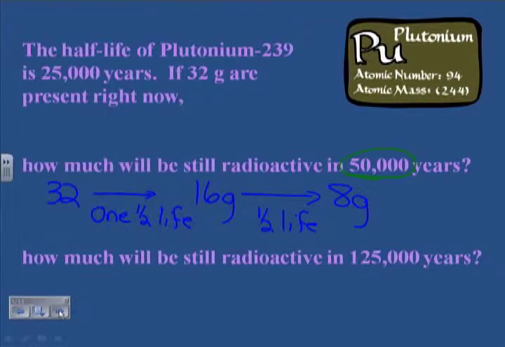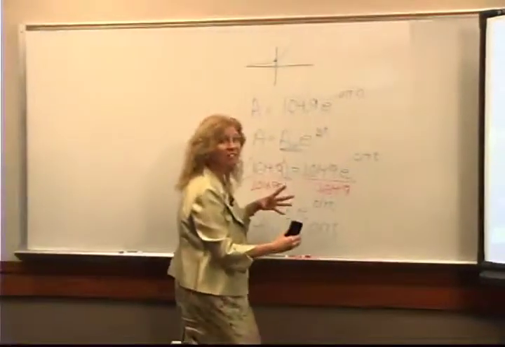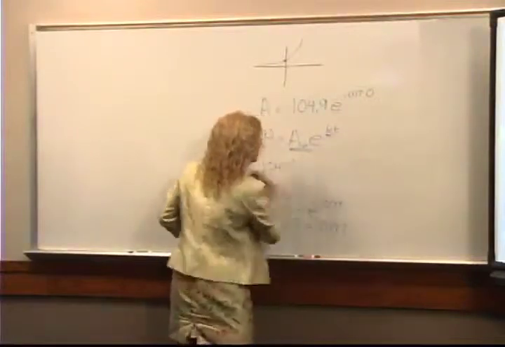Well, then how much would be radioactive in 125,000 years? Now, I could do the exact same thing. I could kind of keep walking it through, you know, saying, well, another 25,000, another 25,000.